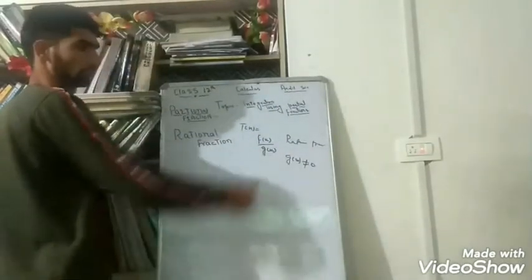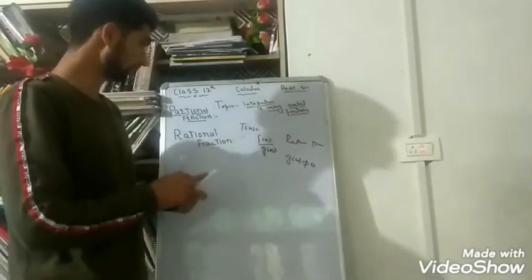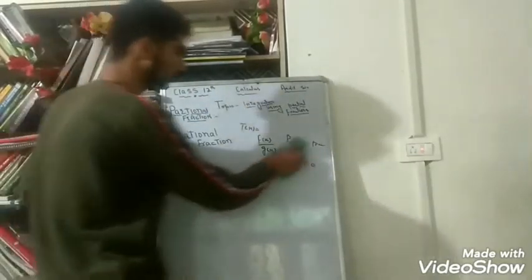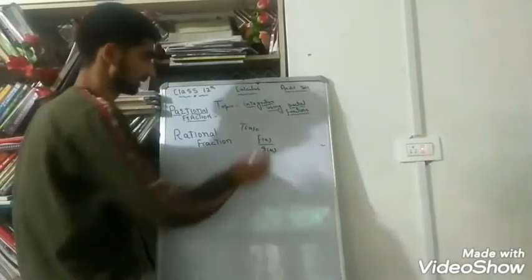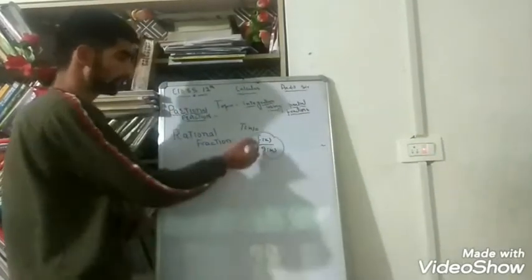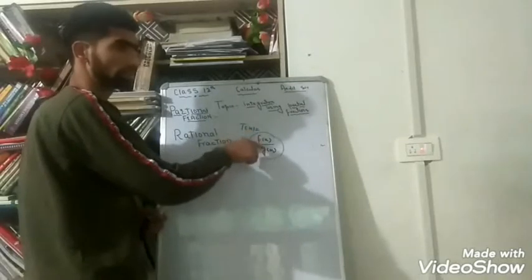If g(x) is not equal to 0, then we say that this is a rational fraction. Now, beta, we call this rational fraction proper, we call it a proper rational fraction, if the degree of this... we know that f(x) and g(x) are polynomials in x.